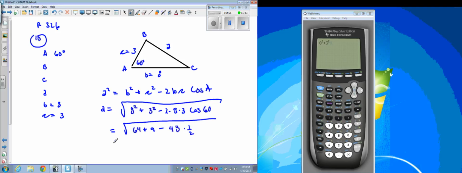And that 48 is 24. 64 plus 9 is 73. 73 minus 24 is 49. So 7. Okay, so A is 7. We'll do it in red.